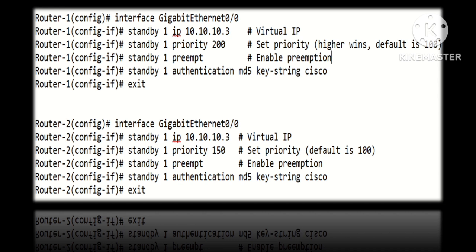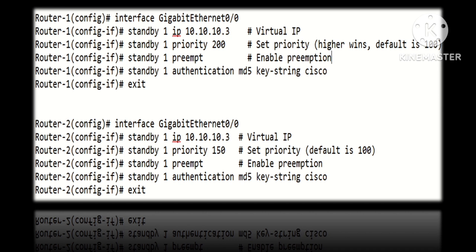So this is the sample configuration on the two routers, router 1 and router 2 in our topology, which I showed at the start of the video. You can see the standby 1 commands are important here. Standby 1 IP, and the virtual IP should be assigned. Standby 1 priority: whichever router you want to act as the active router, give that router the highest priority. The maximum is 255; 0 to 255 is the range of priority that we can use.